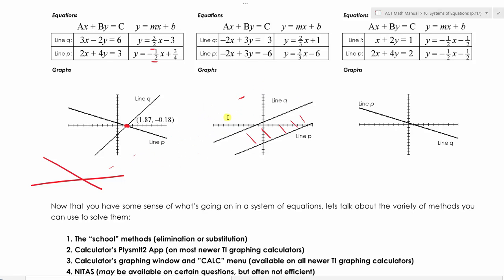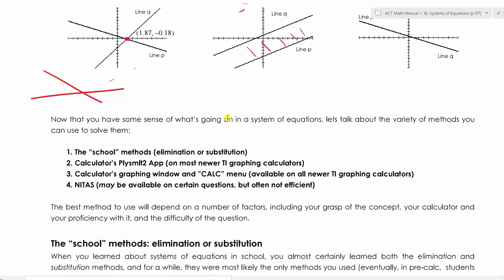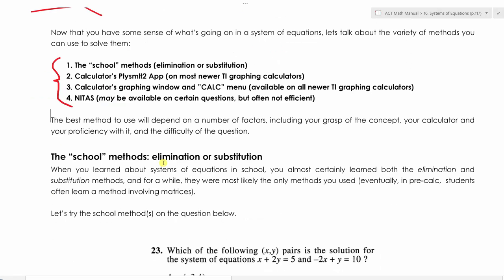Now, in terms of what we can do to solve a system of equations, there are many, many ways. As you can see, there are 4 listed here. My suggestion would be to be familiar with all of these, to know how to use all of these methods, considering the fact that depending upon the question, one method is going to be possibly more efficient, safer, easier than the others.